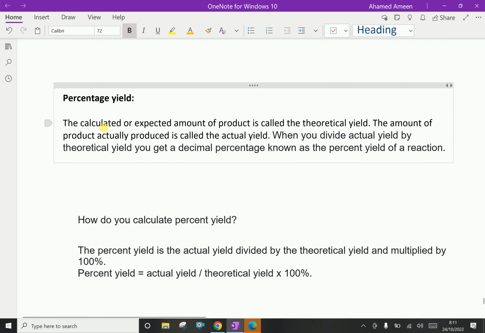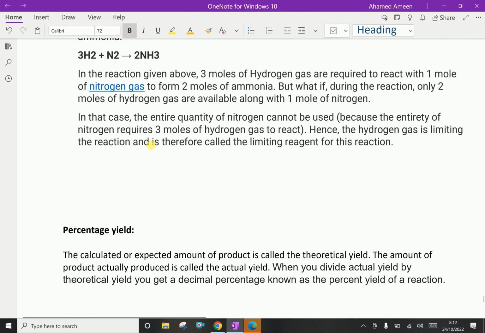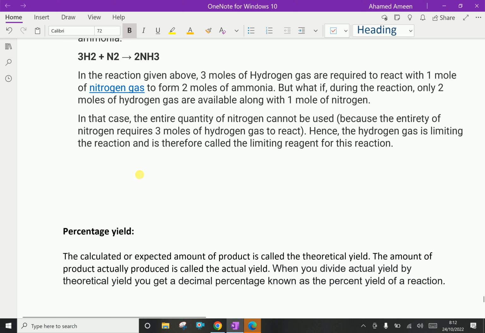Now let us discuss percentage yield. Before that, we will discuss further about the limiting reactant. Suppose you drive a car. You need gasoline in the tank and oxygen from the air. That means the car continuously consumes oxygen to run the engine.